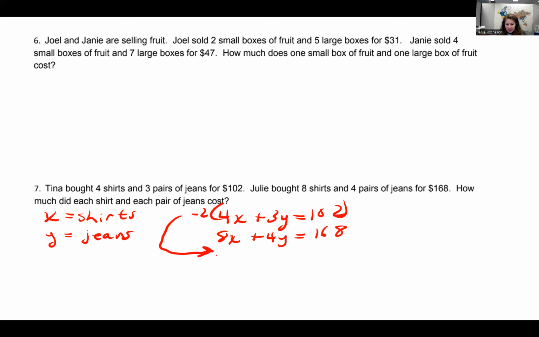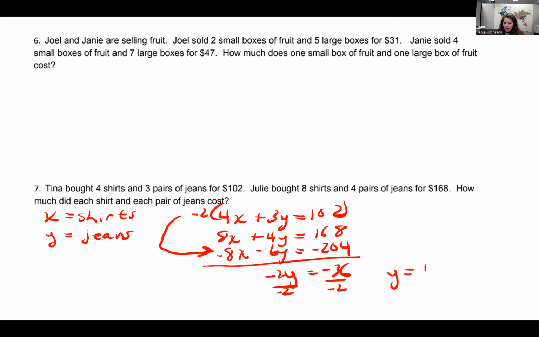So I have -8x minus 6y equals -204. So I have -2y equals -36. And when I divide by -2, y would equal $18. And then I don't know how much the shirts are. I don't remember. That's an 18.